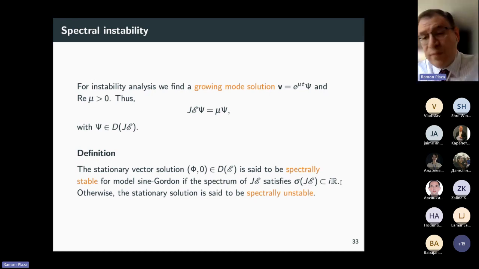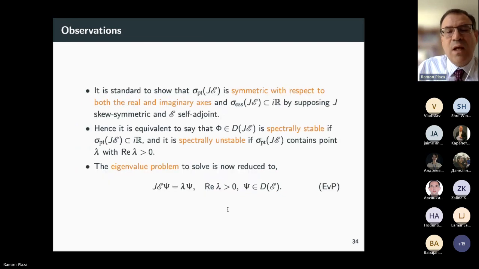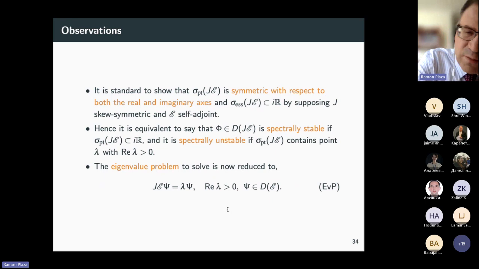Due to the structure of the problem, even the sine-Gordon equation on the real line has this property. There is a symmetry of the spectrum between the real axis and the imaginary axis. So the only way that you can have stability is if the spectrum is contained in the imaginary axis. Otherwise, the stationary solution is said to be spectrally unstable. So this observation is exactly what I just mentioned.